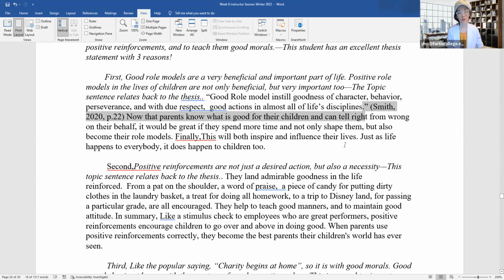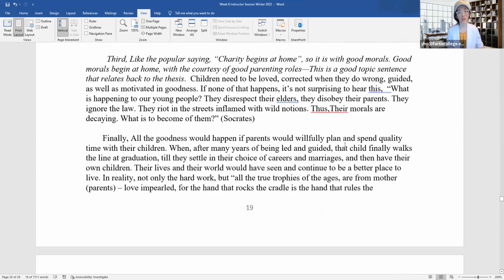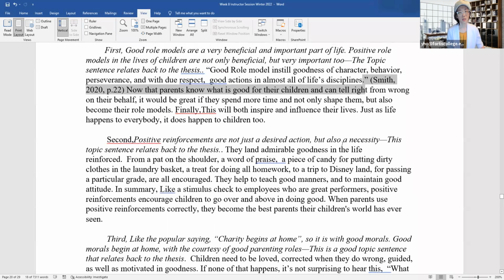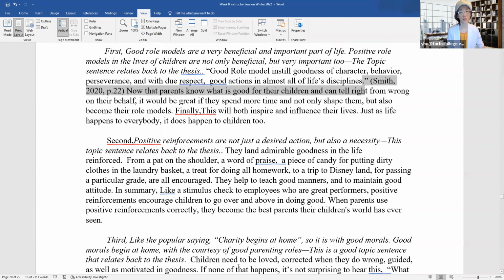Okay, so here, this person actually had a pretty good essay because his thesis statement matched his topic sentences. So good role models are very beneficial and an important part of life. Positive models in the lives of children are not only beneficial, but very important too.